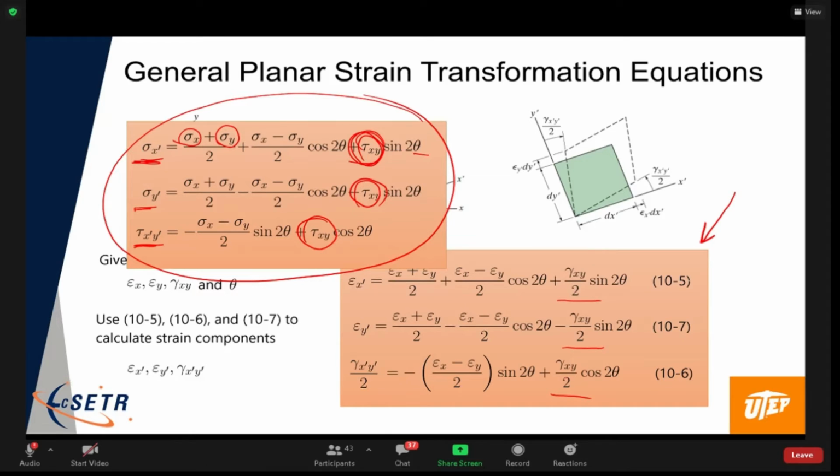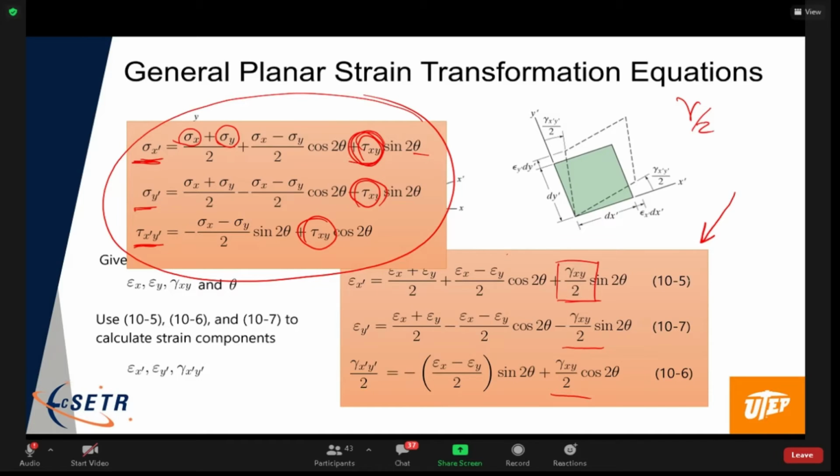And that's because mathematically, this quantity gamma on 2 is the correct tensorial quantity. That's why we call gamma the engineering shear strain, because it's really not the correct mathematical shear strain from a tensor quantity, but it's what we use in practice. So we just have a 1/2 kicking in here.